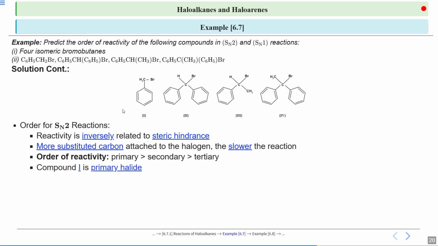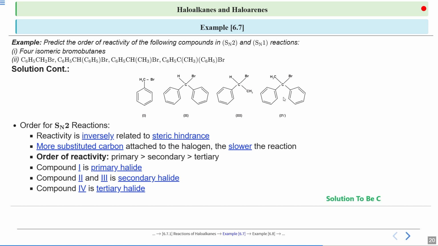Compound 1 is a primary halide. Compounds 2nd and 3rd are both secondary halides, and compound 4th is a tertiary halide.